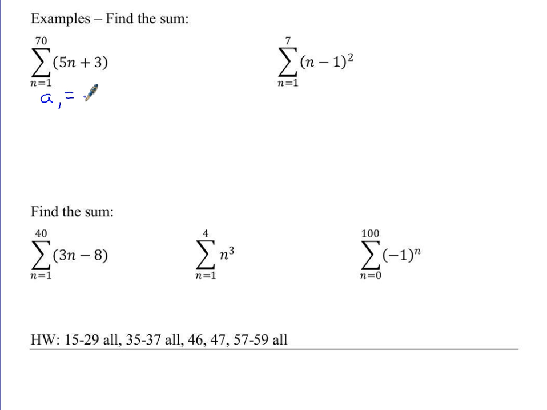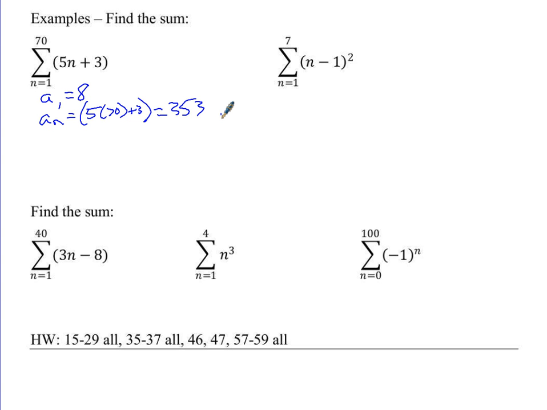A sub 1 is my first term, which is 8. I plug 1 in. 5 times 1 is 5, plus 3 is 8. What else do I need to know? A sub n equals, we take 70 and plug it in. So I have 5 times 70 plus 3, which is, yeah, because 5 times 70 is 350, plus 3 is 353.